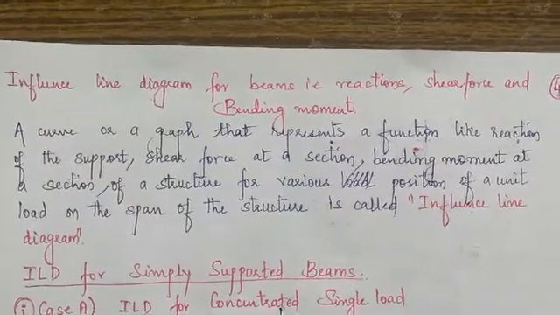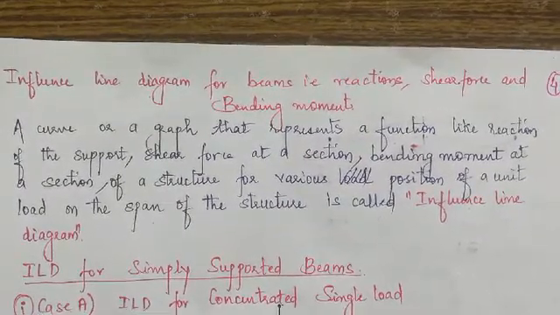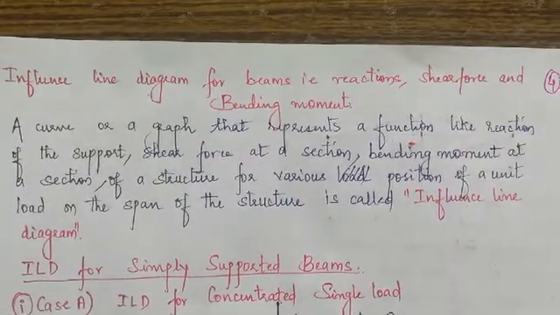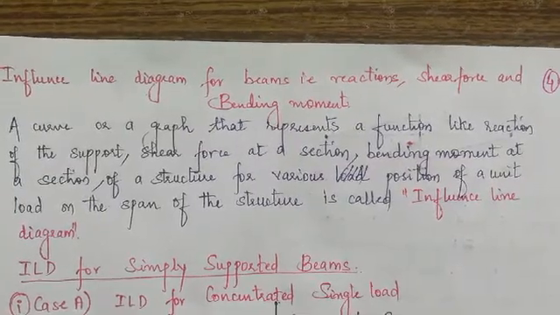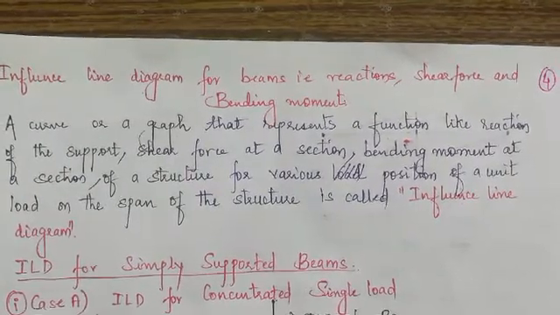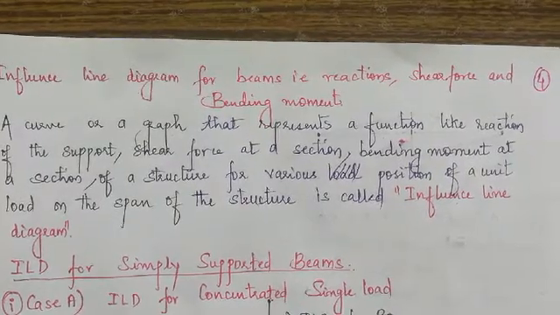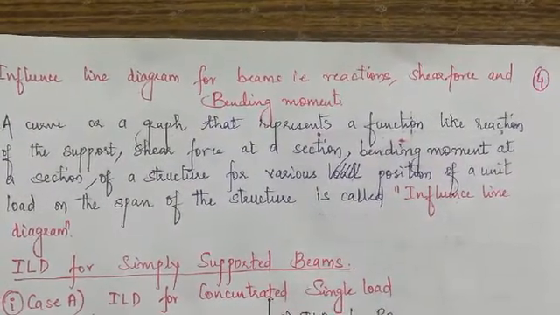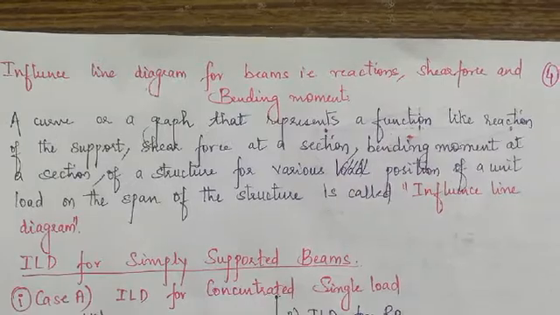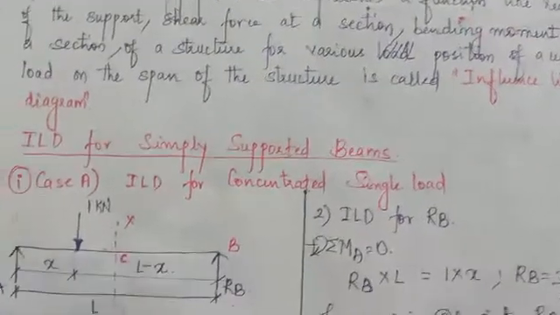But here, whenever the load is moving on any structure, for that particular point what might be the shear force, what will be the bending moment and what are the reactions due to that load at that particular section. You can have this just by merely having one diagram. No need of doing the calculations every time. Once you draw that influence line diagram, the calculations for various sections can be drawn out of that one single diagram. Now let us see the further derivations.